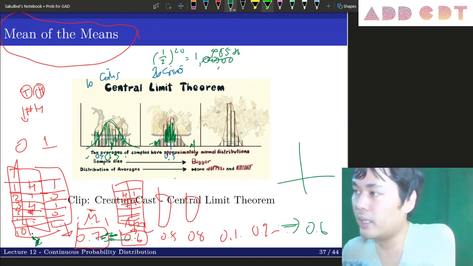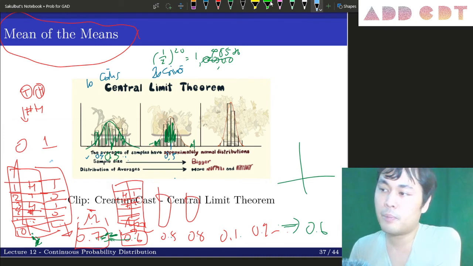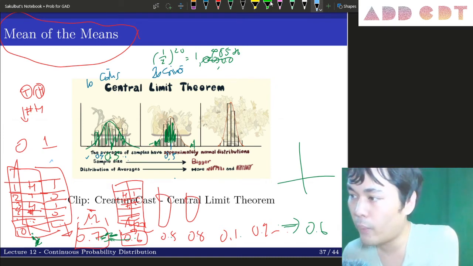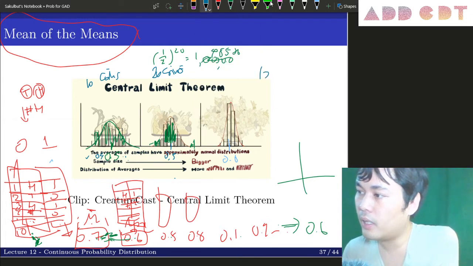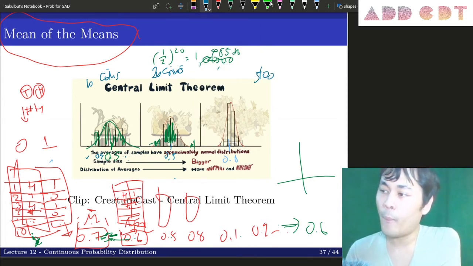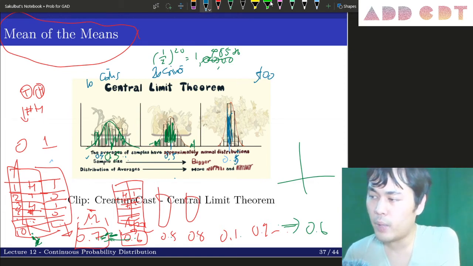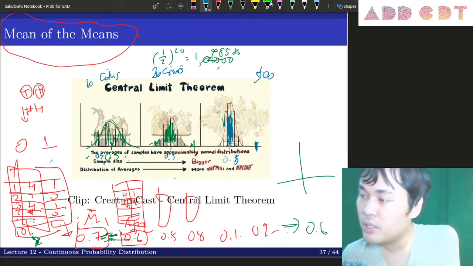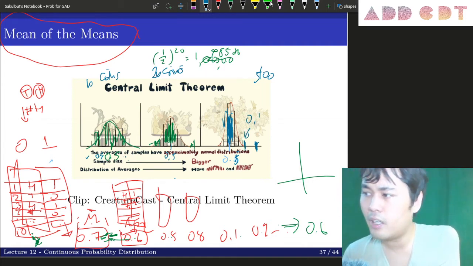Now you repeat that again, but in a single experiment, you get 500 coins. This means most of the time you're going to get a value close to 0.5. You're not expected to get extreme values, but here you can say that it is even rare to get the value 0.6.